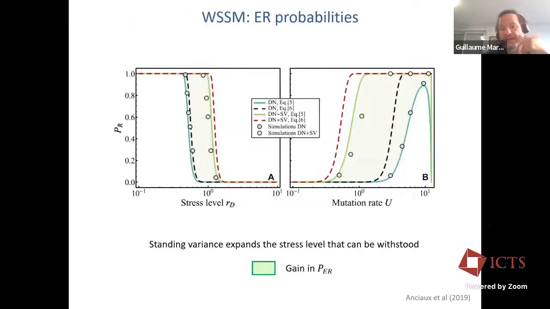Also, there is something else arising when you start to deal with these large mutation rates. You can show that if you plot stress level in log scale versus the decay in PR, this is not a straight line.